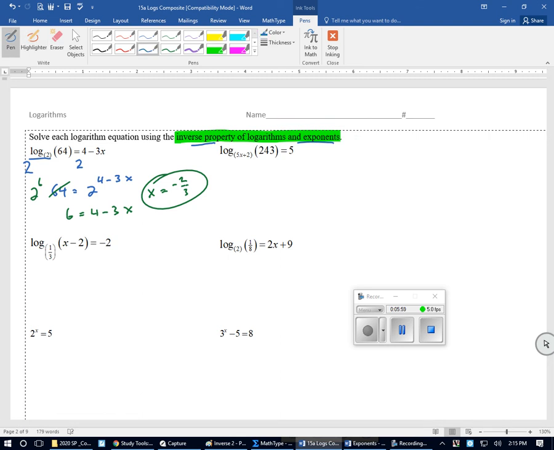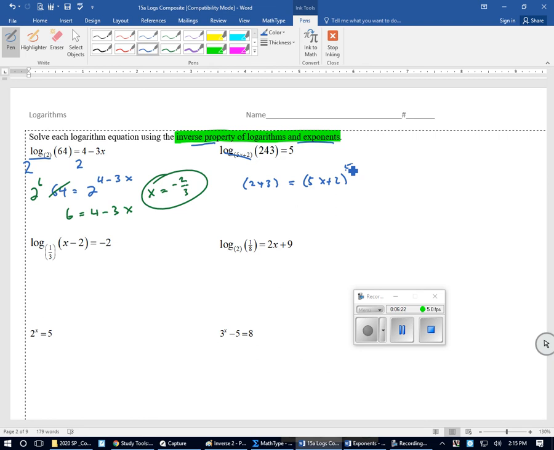If I have a log base 5x plus 2, I can use a base of 5x plus 2. And they cancel. A base of 5x plus 2 on both sides, and they cancel.